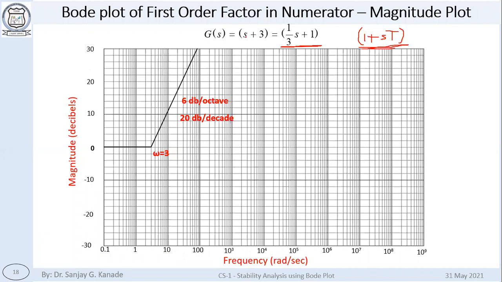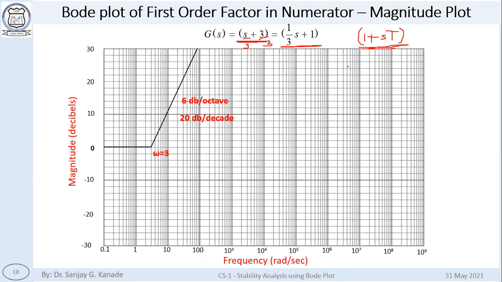So if a factor is in the form s plus 3, then we have to first convert it into 1 plus st form. So you divide this by 3, so we get 1, you divide by 3 here as well as here. So what we will get? 1 plus 1 by 3s.